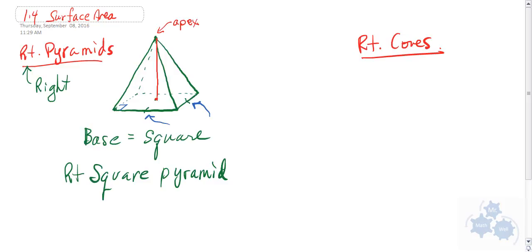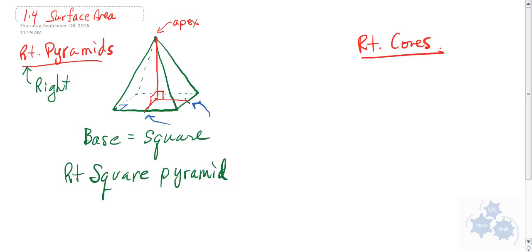That's the highest point in this figure, the apex. And it forms a right angle with any side of the base. Okay, so this is a right angle. This would be a right angle.